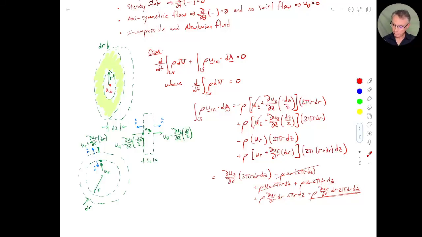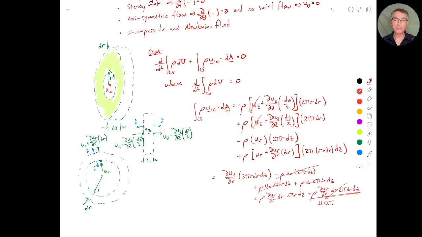So this one is actually much, much smaller than these terms because it has an additional differential term, right? This has 3 differential terms. Remember, these differential terms are very, very small. So if I multiply 3 very small quantities together, it's much, much smaller than having 2 small quantities multiplied together. So this one is negligibly small in the limit as these become differentially small quantities. So this we call a higher order term. So it just means we neglect it.